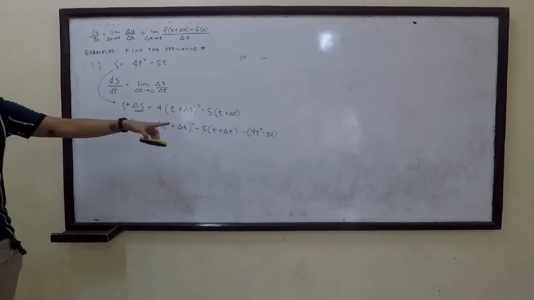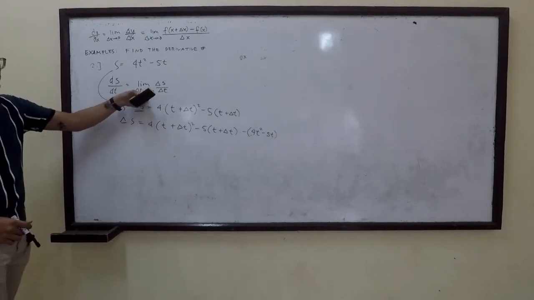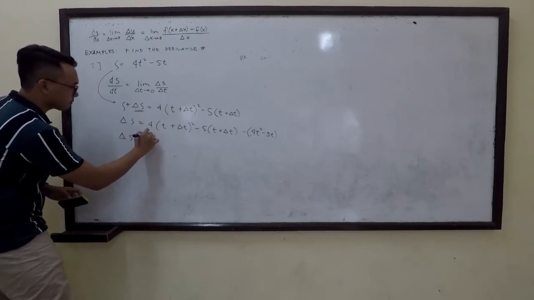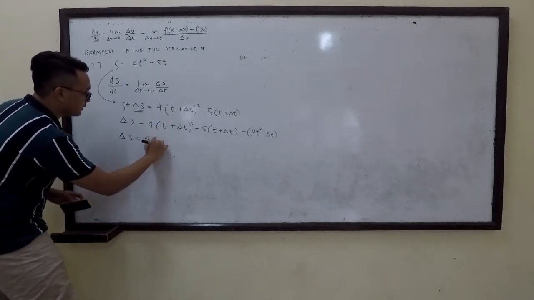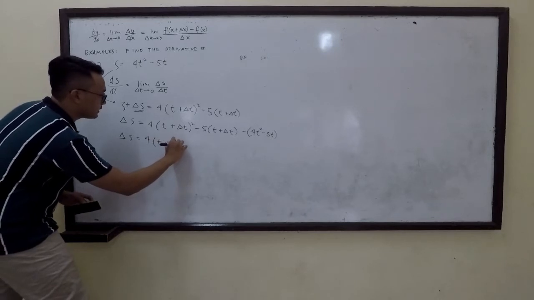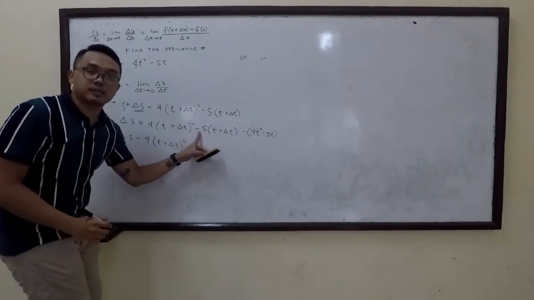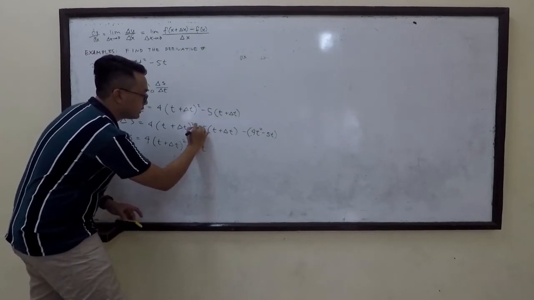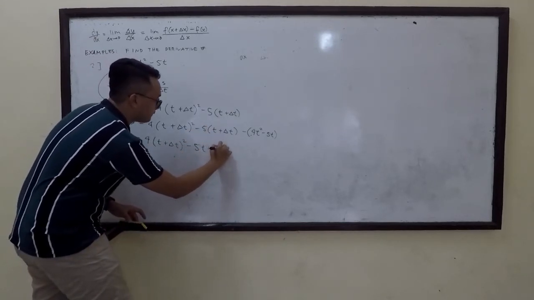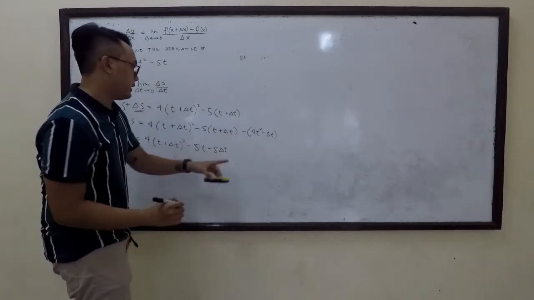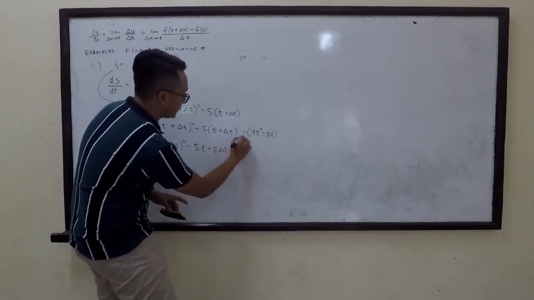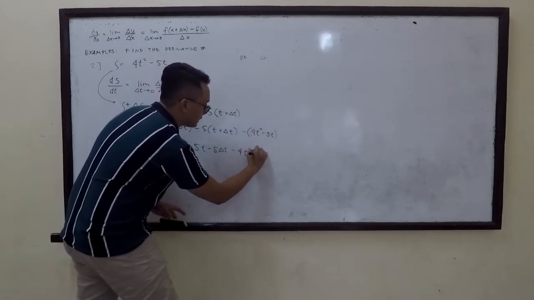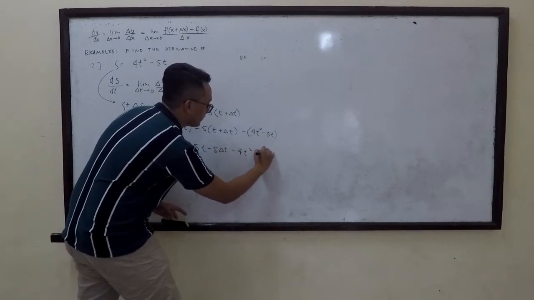But we can still simplify this before performing this method. So delta s becomes 4 times t plus delta t squared, then distribute the negative 5, so this becomes negative 5t minus 5 delta t. Then distribute the negative: negative 4t squared, and negative times negative is positive, so positive 5t.